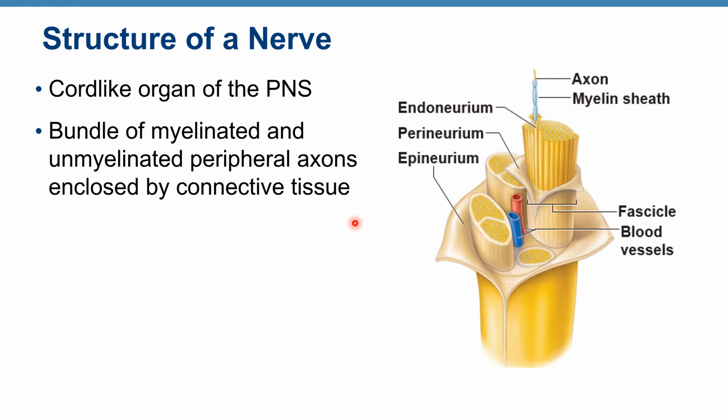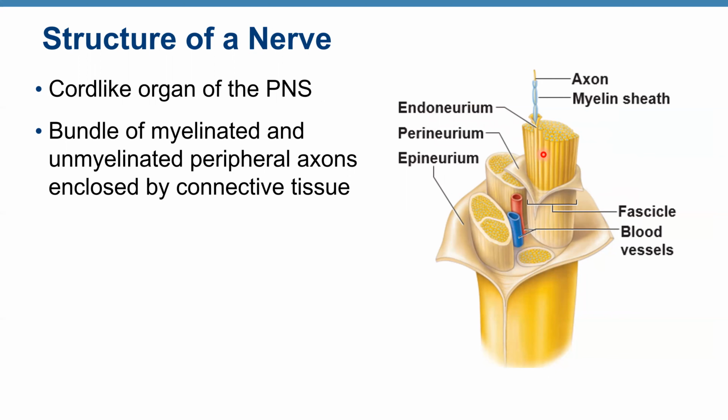Structure of a nerve. Nerve is an organ, and it's a bundle of myelinated and unmyelinated peripheral axons enclosed by connective tissue. So here's axon covered by myelin sheath, then surrounded by endoneurium, that's connective tissue.